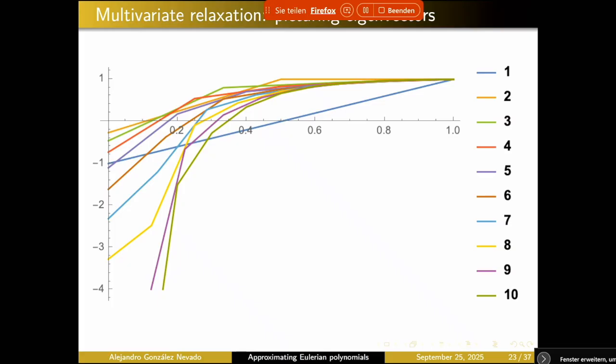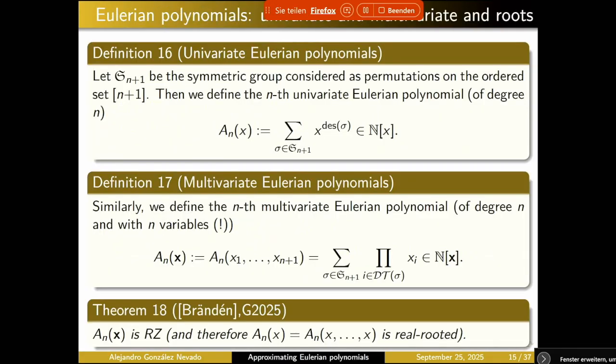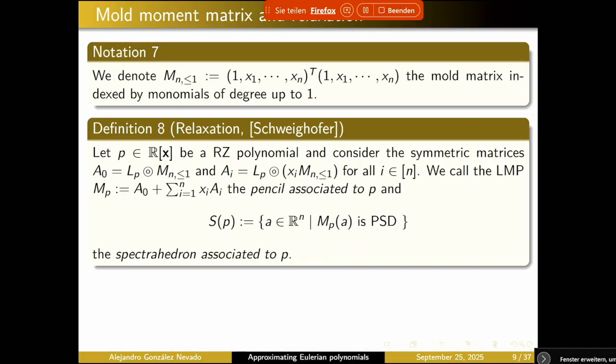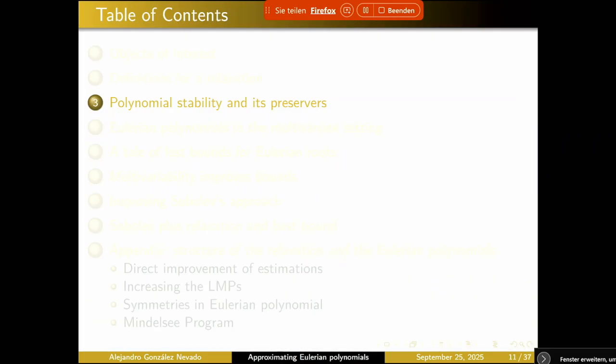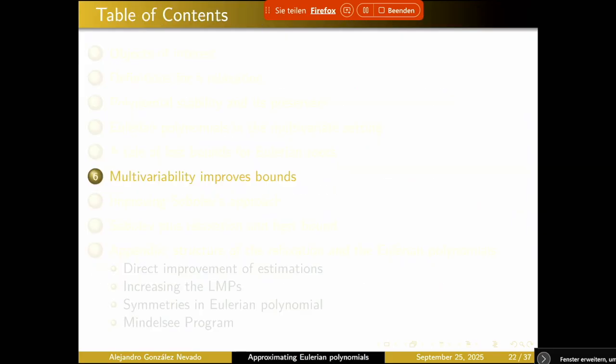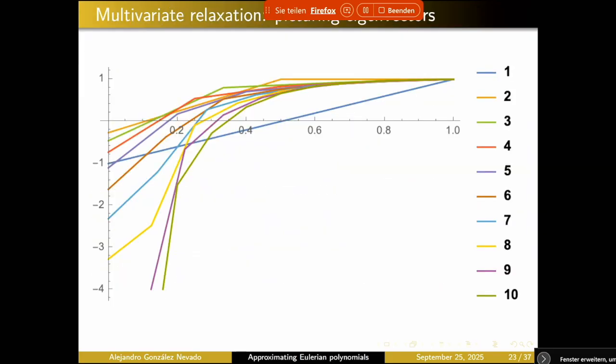So the first row and the first column, and also the first slice of your tensor, is different. So you expect that the first entry of your optimal vector could be different.